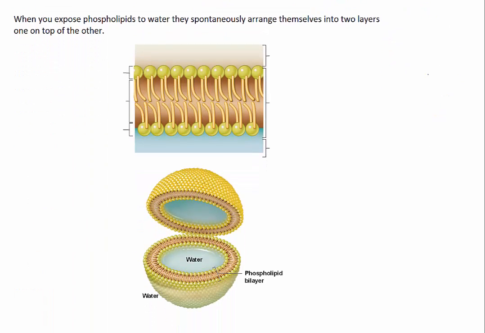This is very important because it means when you expose phospholipids to water, they spontaneously arrange themselves into 2 layers, one on top of the other, where the hydrophilic heads of the phospholipids are exposed to the water and the hydrophobic tails arrange themselves pointing away from water. This means that in cell membranes, the hydrophilic heads are exposed to the watery medium outside and inside of the cell, and the hydrophobic tails face each other on the inside of the membrane.